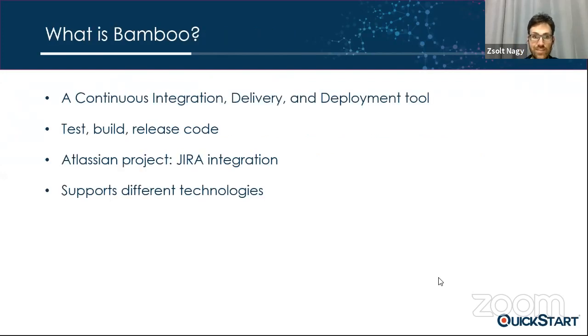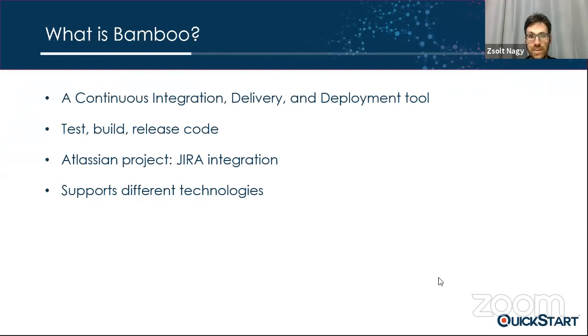So, introduction of Bamboo for the 4th or 5th time: a continuous integration, delivery, and deployment tool. You can achieve them all with Bamboo to test, build, and release code. And although Bamboo is a Java tool, so it was written in Java, it supports multiple technologies.